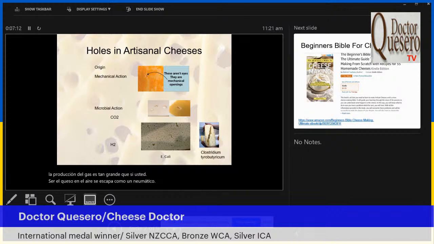This is why the cheese is broken on the inside because of the Clostridia. Okay, these types of cheeses are not very safe to eat. If you see a cheese like this, I wouldn't recommend eating it because you might get sick.